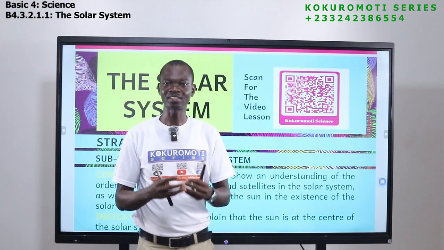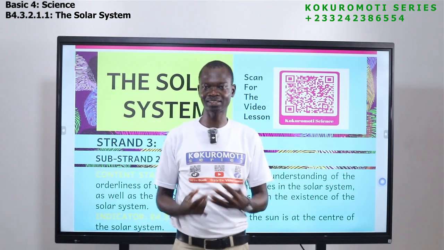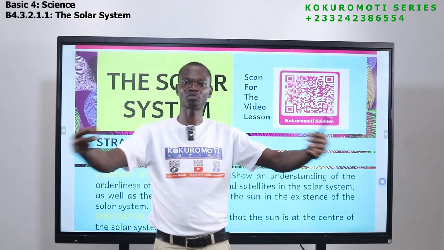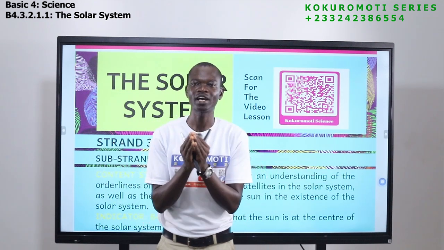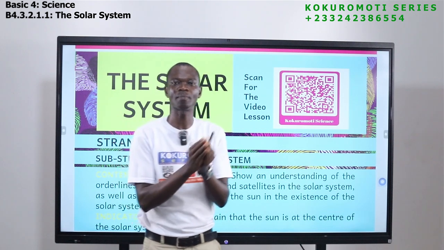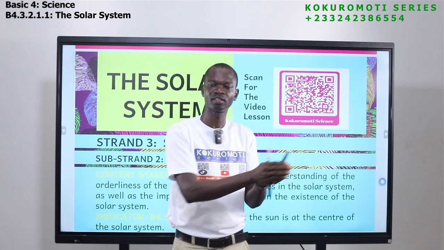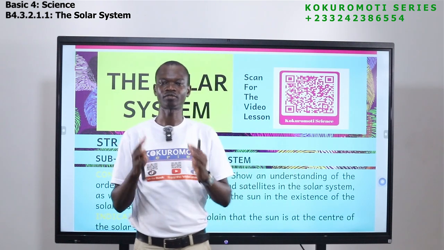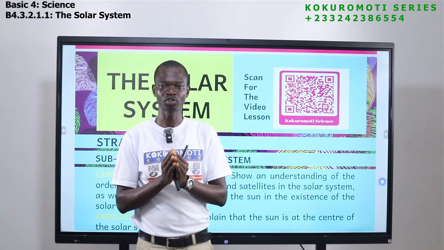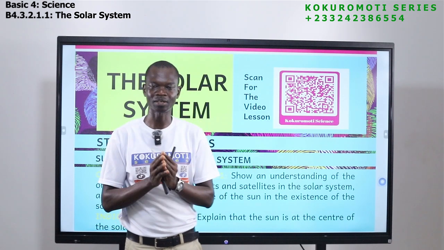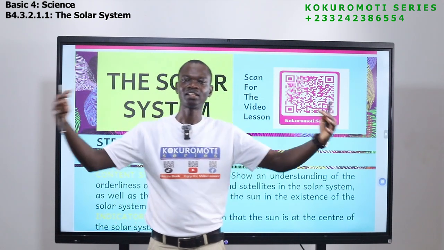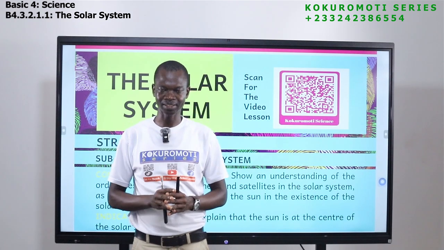A system is something made up of different parts. When different parts come together to perform a function, to do a particular work, we call it a system. So anytime you hear about a system, what you should know is that it's made up of different parts.